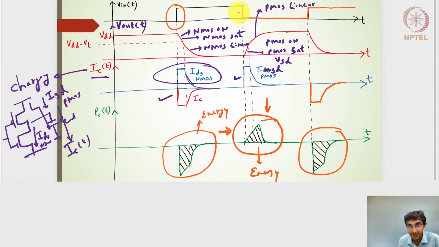So the input side will do a transition of 1 to 0, and that will help in charging the output node, charging the capacitor, and then from 0 to 1 it will start discharging. So I will start from here. In the next figure you will not see this particular figure at all. You will see the instantaneous power in the capacitor with respect to time, starting from this particular axis.